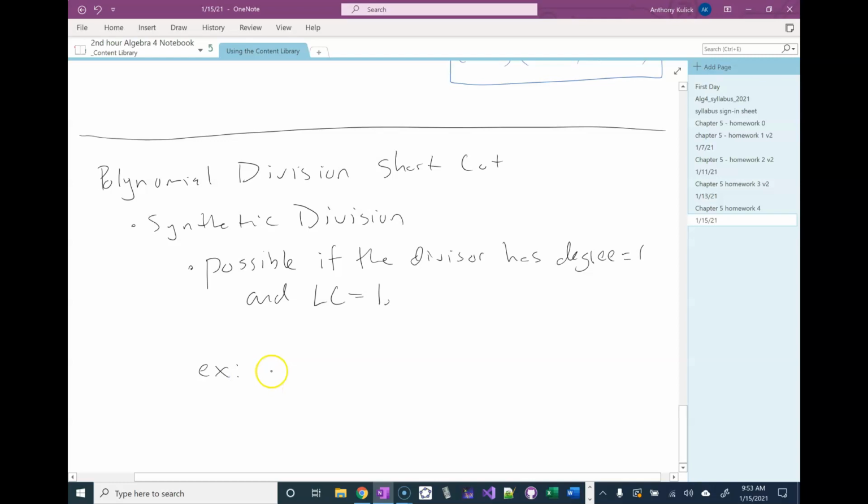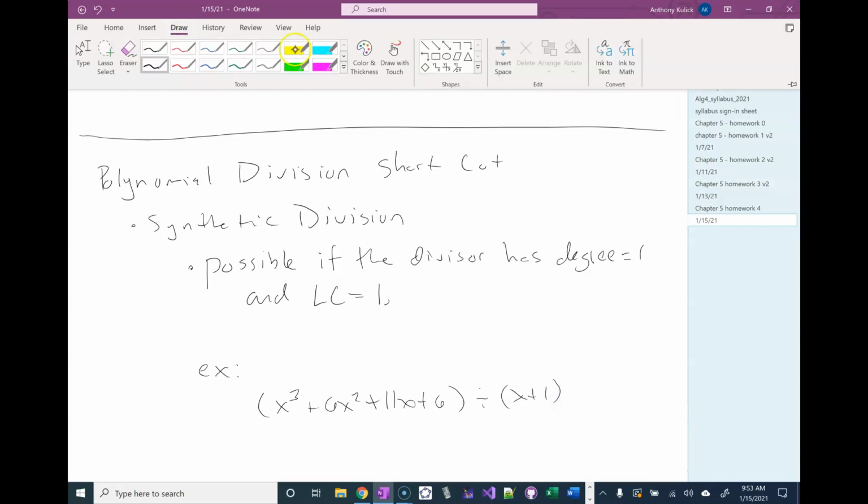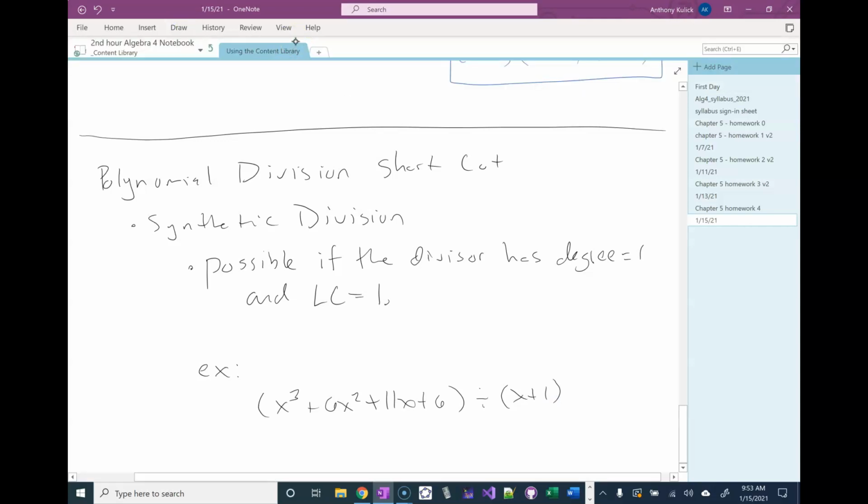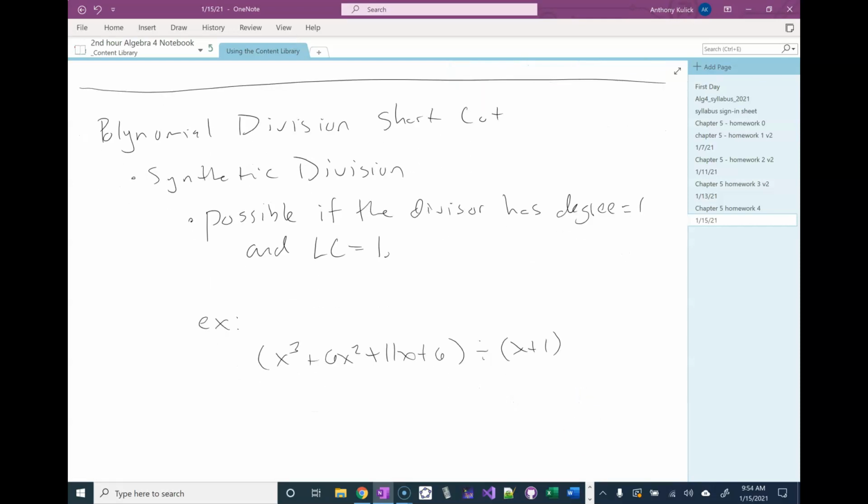So for example, let's go back to this polynomial that we've been using over and over again today. This is our division problem that we're interested in, right? Which one of these two polynomials is the divisor, the one on the left or the one on the right? The divisor is the one on the right.